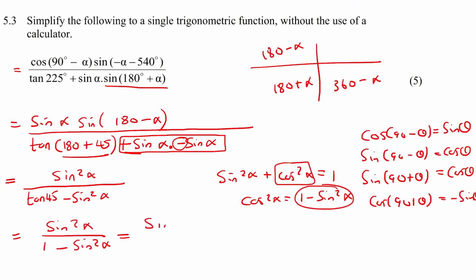So what that means then is we can replace this with this. And now normally when we have sin over cos, it's tan. Now we have sin squared over cos squared. So the answer is going to become tan squared alpha.